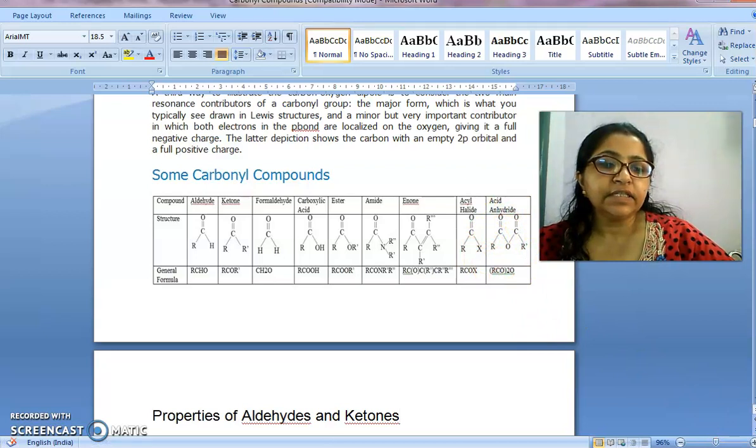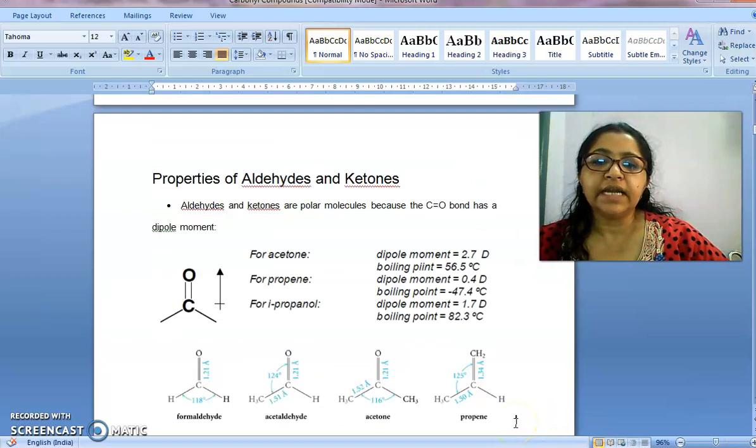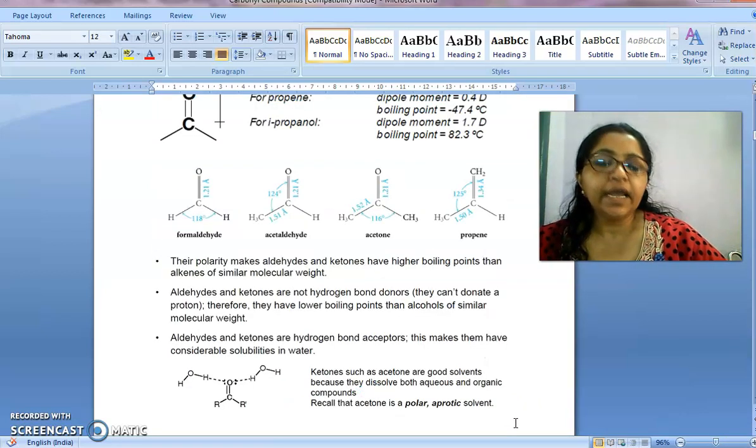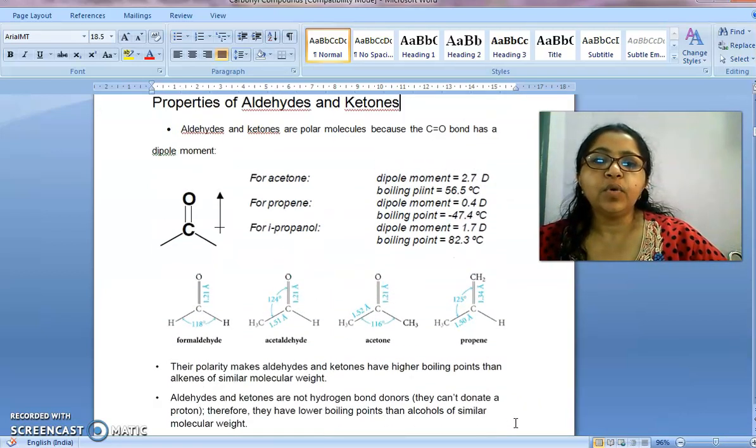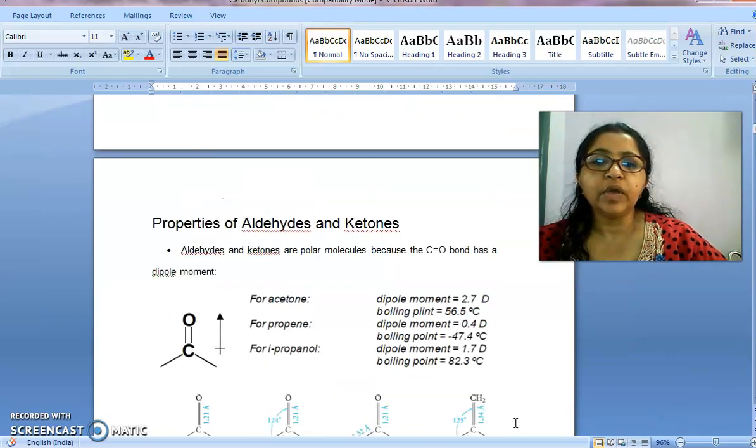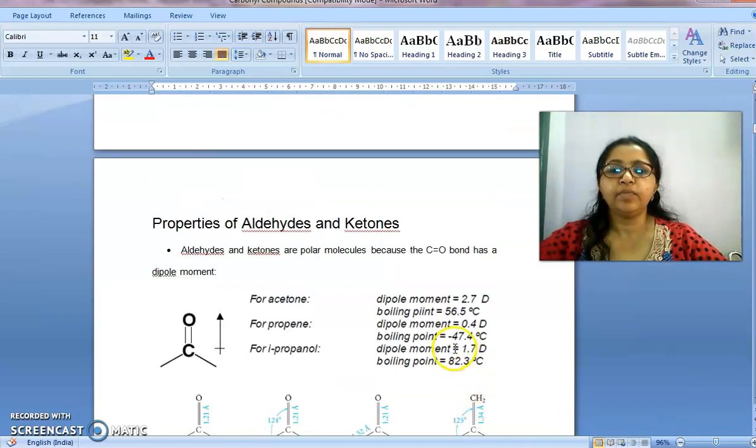So let us first see the properties of the main compounds, that is aldehydes and ketones. Aldehydes and ketones are polar molecules, because C double bond O has a dipole moment.